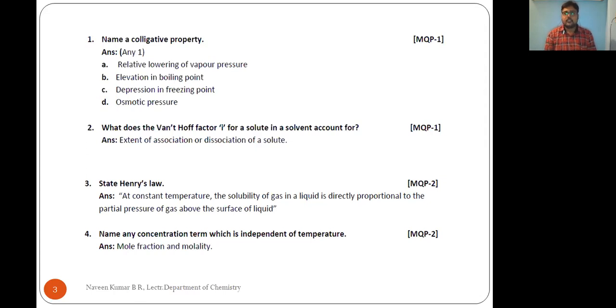Hence Henry's law can be stated as, at a given temperature or at a constant temperature, the solubility of a gas or the mole fraction of a gas in a solution is directly proportional to its partial pressure present above the surface of the liquid. It's a direct question, so you can remember.